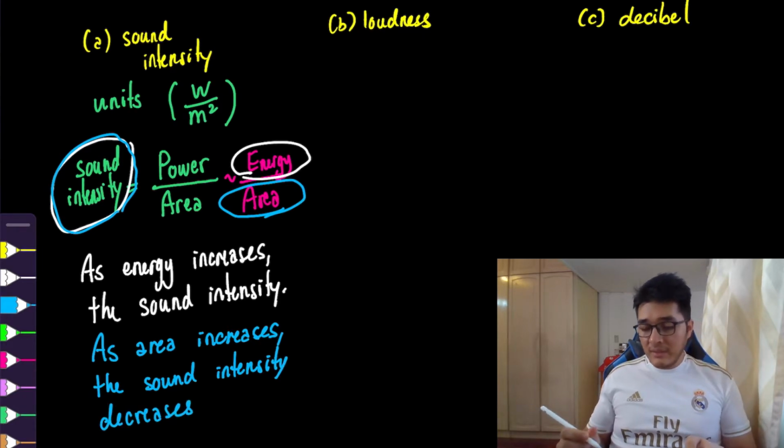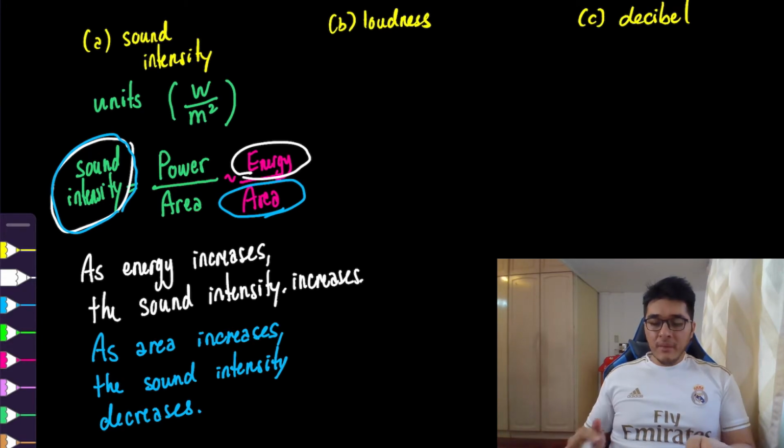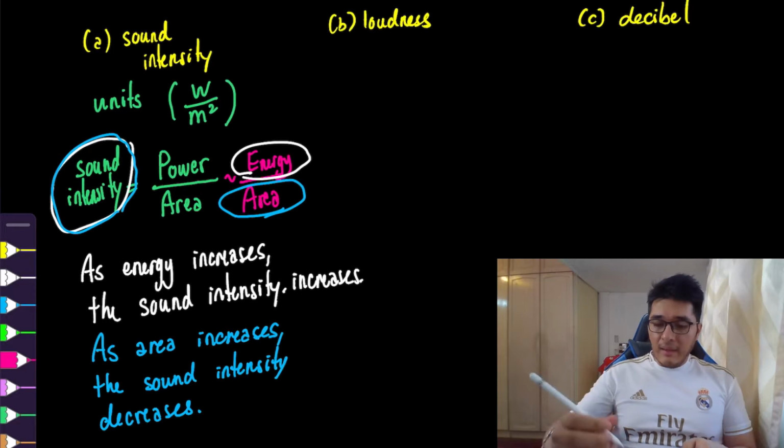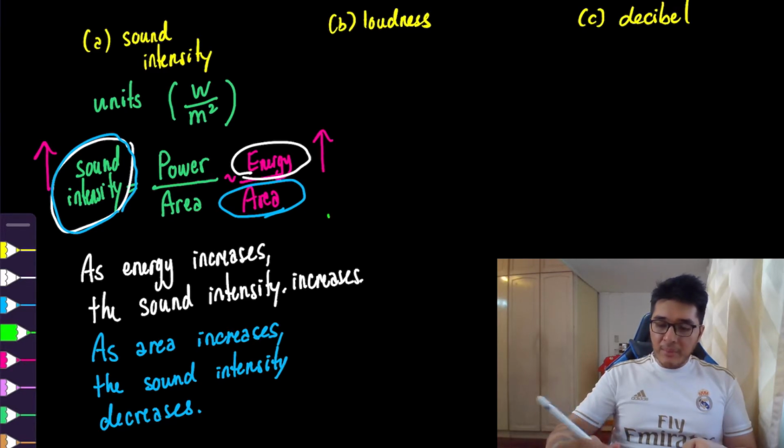So the sound intensity decreases. And I noticed I made a small mistake. I should have written increases above. So once again, as the energy goes up, sound intensity goes up. As the area goes up, the sound intensity will go down.